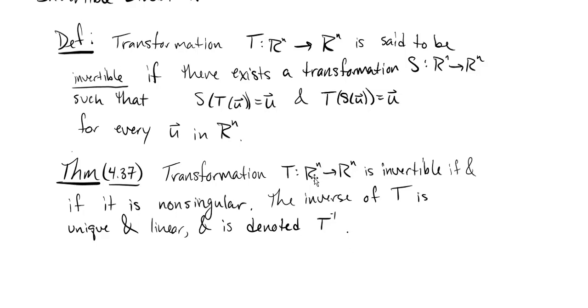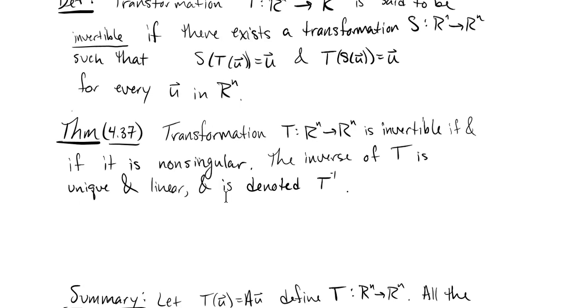Remember, we're talking about a transformation Rn to Rn, so when we say non-singular, we should be thinking about the matrix that represents this transformation, and whether it is singular or not. We're saying you get an invertible transformation if the matrix that represents it is non-singular.